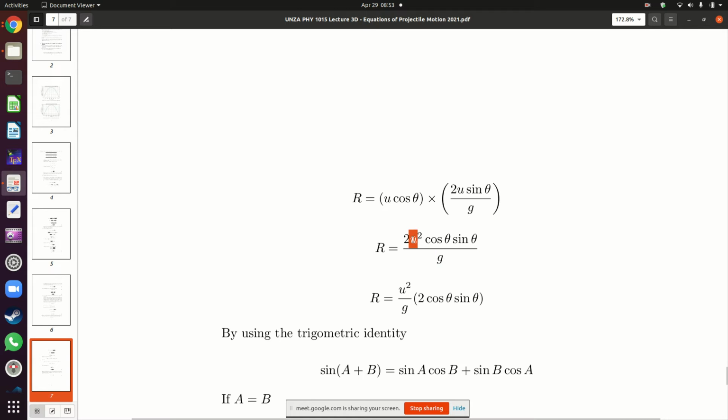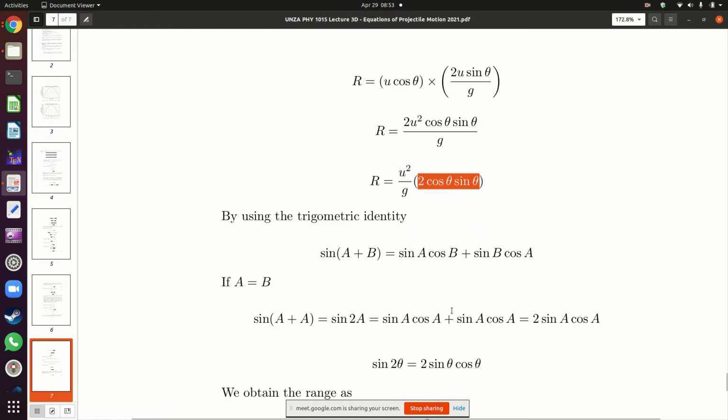Then we factor out u squared divided by g, so you have u squared on top and g at the bottom. Inside you remain with these 2 cos theta sin theta. So this is an angle.